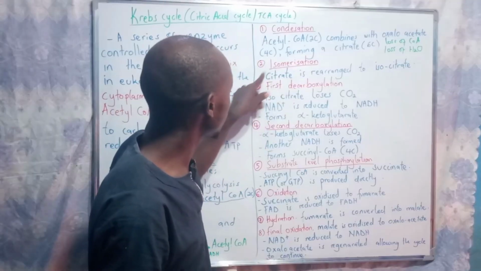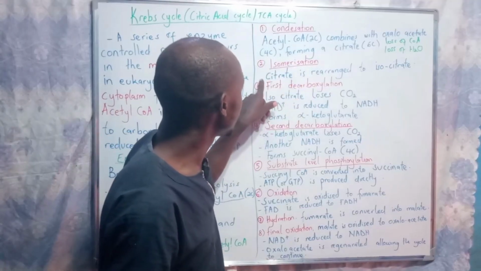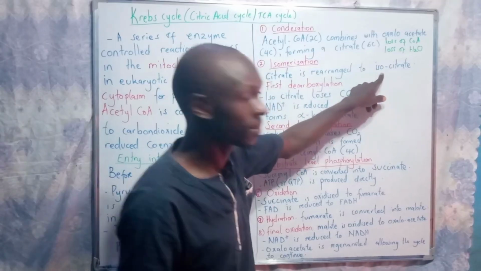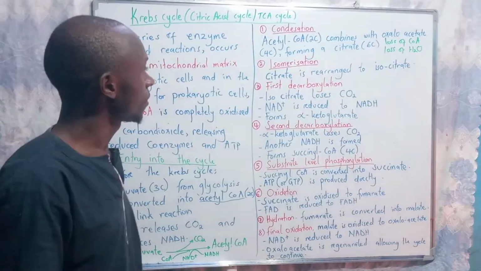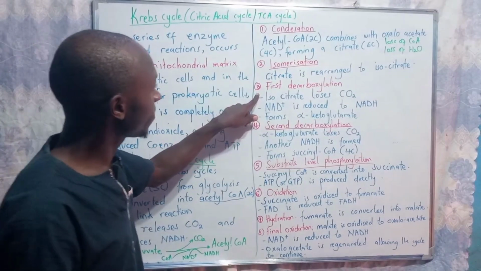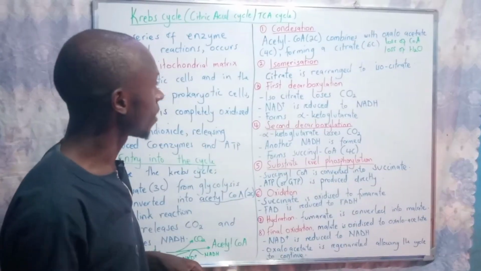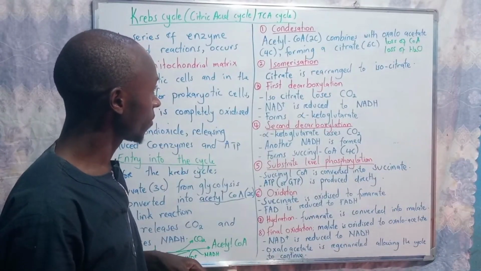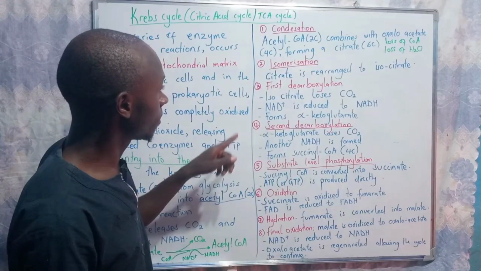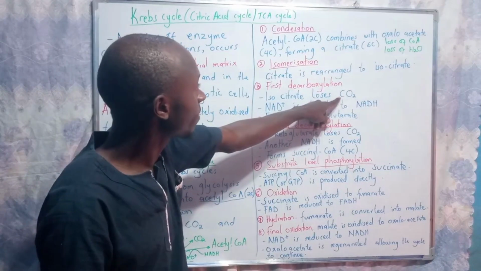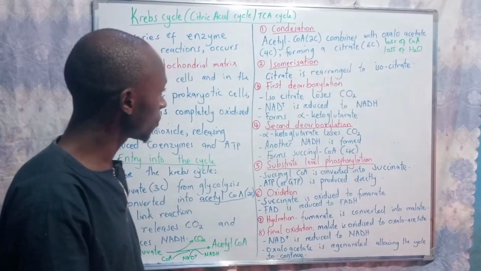So the citrate was 6 carbon, and after isomerization the 6 carbons still remain. In the third stage, we have the first decarboxylation, so we are reducing the number of carbon atoms. When decarboxylation takes place, we have a loss of a carbon dioxide molecule.